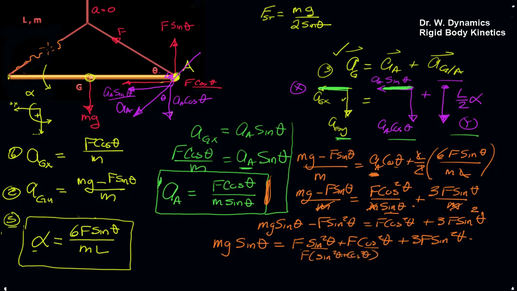So this is just going to become an F. So with that, we'll get our answer of F will be mg sine of theta divided by 1 plus 3 sine squared theta, which is our solution.